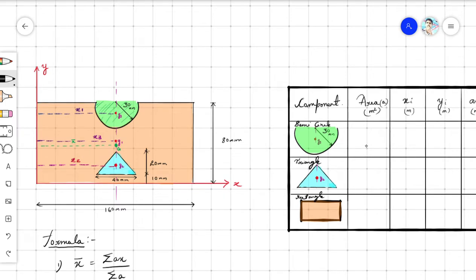What is the dimension of the rectangle? We know that one side is 160, the other side is 80. So you take it as length into breadth, the area will be 160 into 80, so that is 12800. Remember, it is mm square.